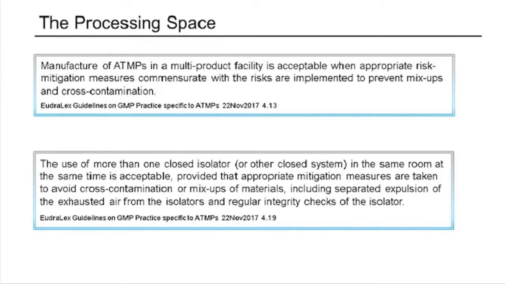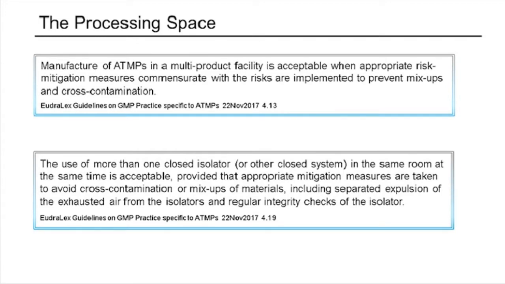So looking at where the regulations are before we get into how we lay out a space, I've got some quotes on the board here that I think are important to set the basis for where the regulatory understanding is in terms of how we can be doing production of multiple different product lines within the same space.